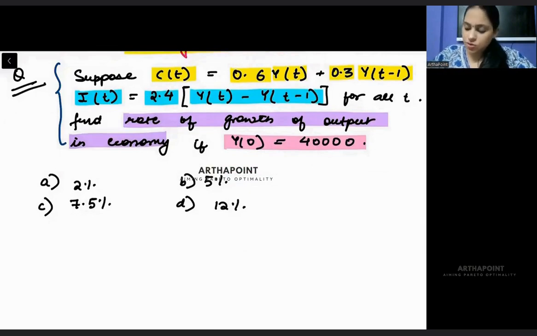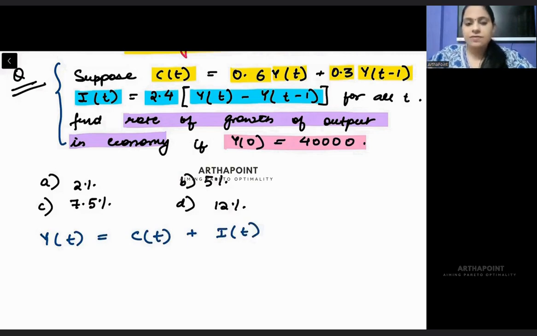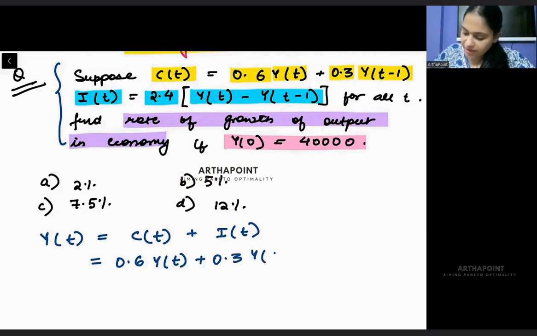In this case, we know that y is equal to c plus I. I am given c is 0.6 yt plus 0.3 yt minus 1, and I am given I is 2.4 yt minus 2.4 yt minus 1.